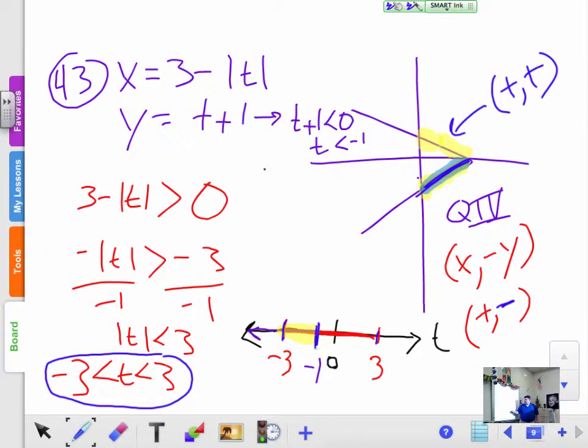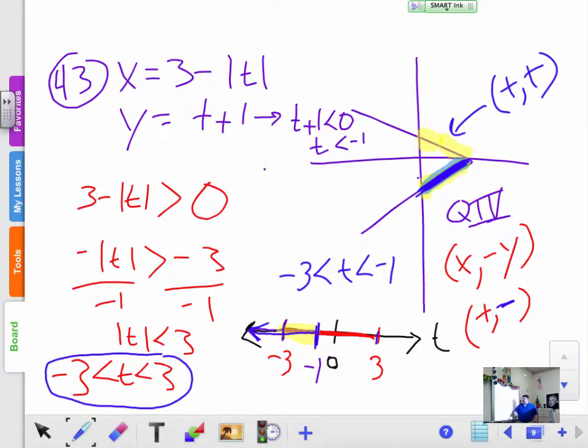But the only way I can get a negative y value is when t is less than -1. So now I'm looking for the values for t that satisfy both conditions. Well, from -1 to -3, in other words, if I say -3 to -1, that should satisfy a positive x and a negative y value.